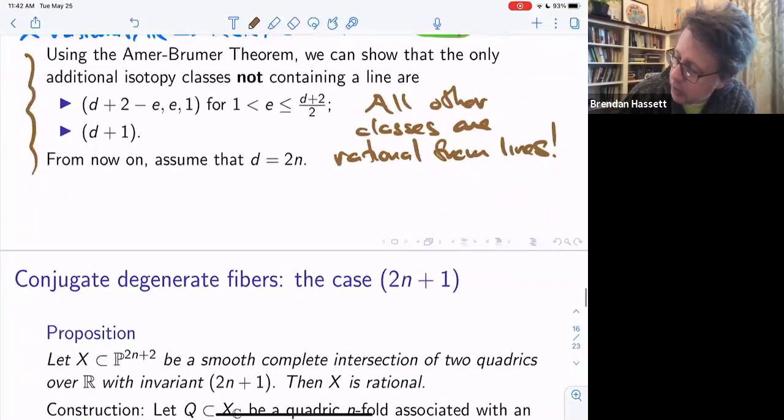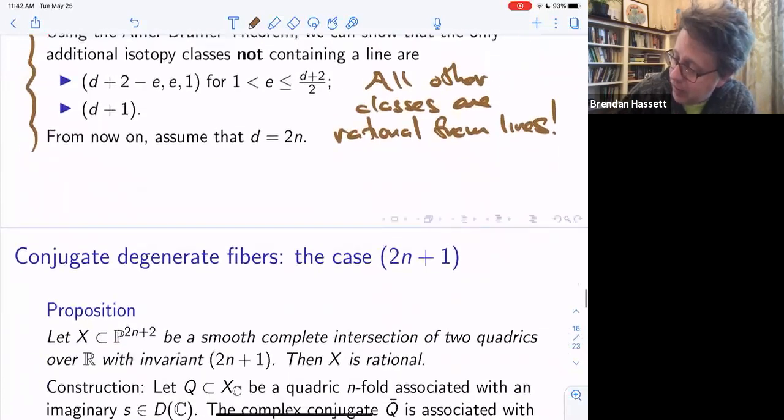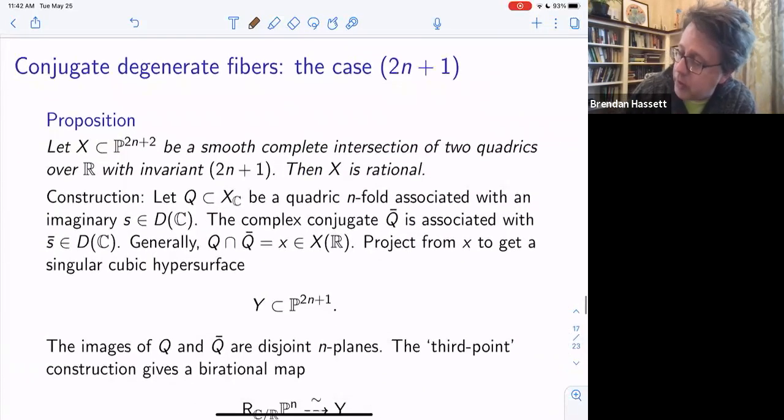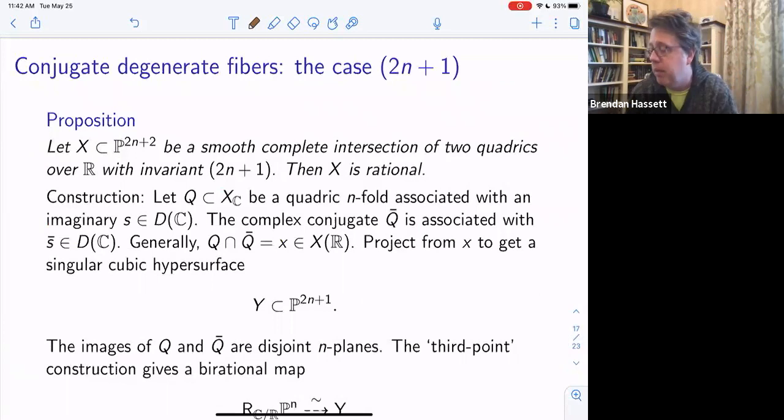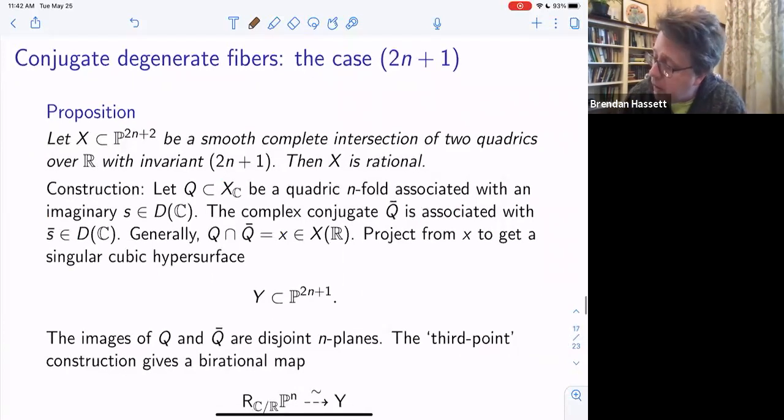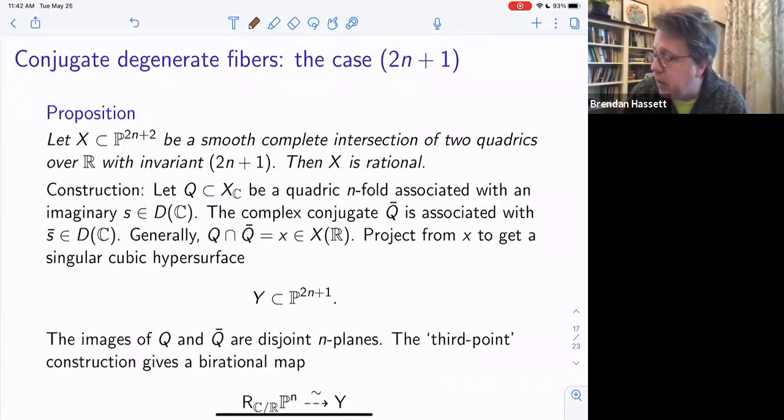All right, so now I'm going to do that. We're going to focus on the cases that aren't covered. And so let's talk about the first case, when you have conjugate degenerate fibers. So this is the case 2n plus 1.